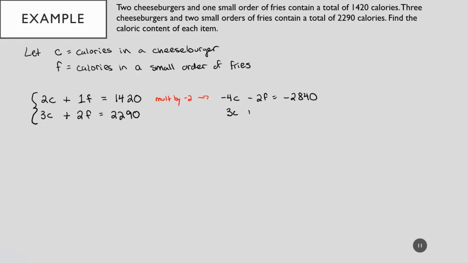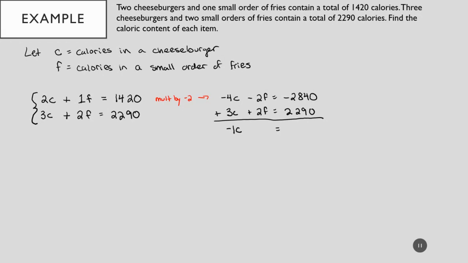I have 3c plus 2f equals 2290. So now I'm going to add these equations together. So I have a -4c plus 3c, so that's -1c. -2 plus 2 is 0.